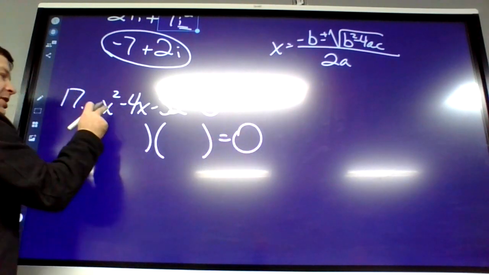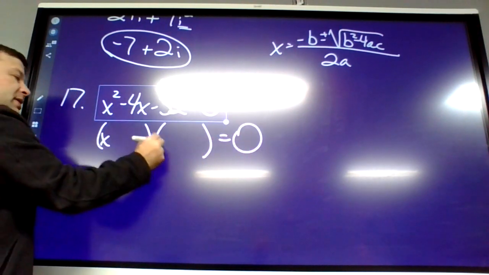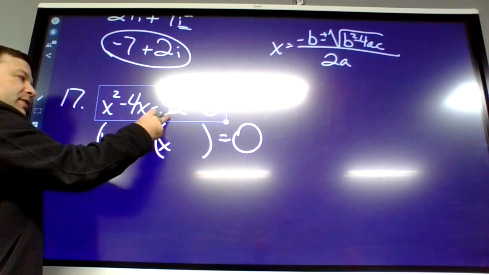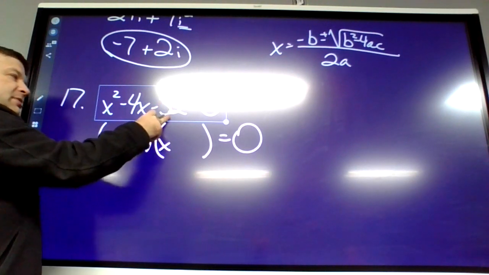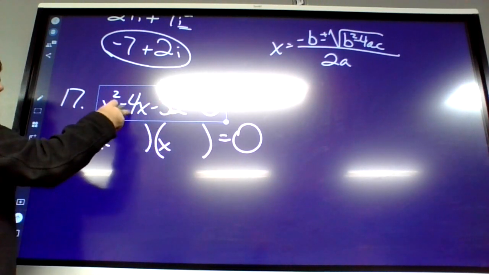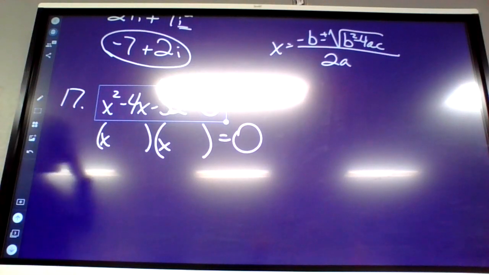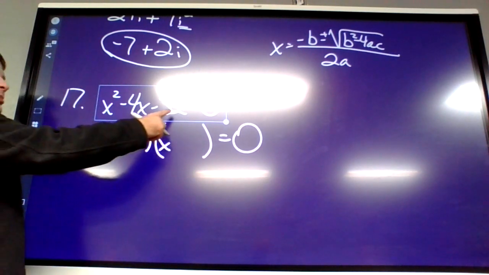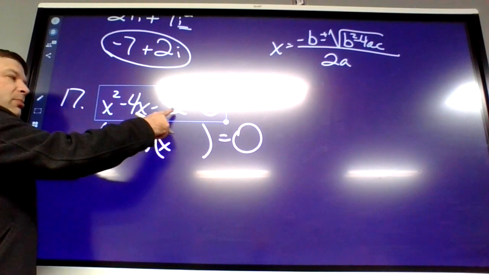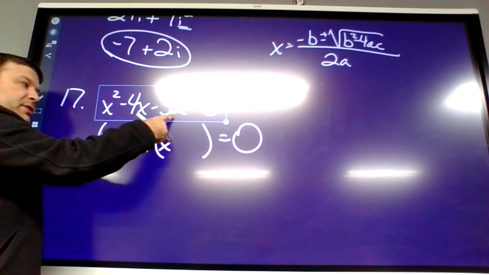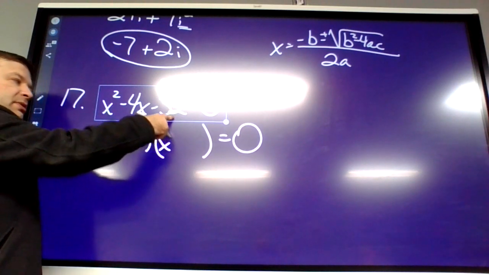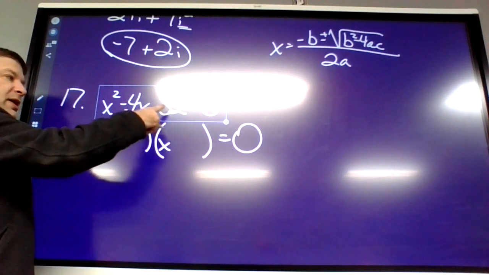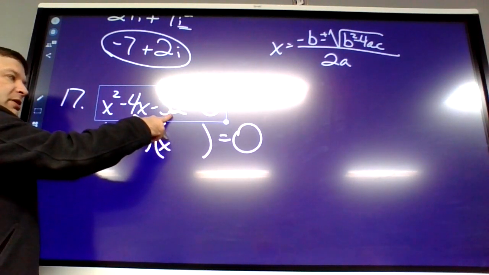So the question would be, okay, what goes into x squared? x times x. What goes into -32, that multiplies into that, that would add up to negative 4? Negative 2 and 2? Well, that multiplies to negative 4, but you need what multiplies into negative 32 that would add up to 4. So yeah, it's 8 and 4.